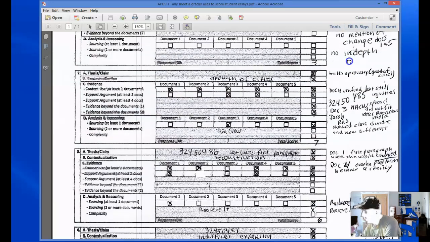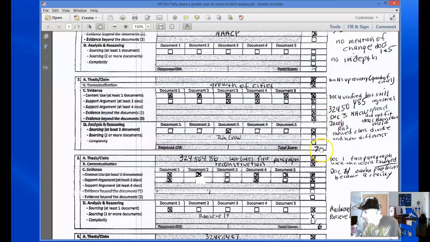Okay? If we go up to here, this one, look, they got 7 on this one. Okay? They got 7. So they had a thesis, contextualization, they talked about the growth of cities, okay, in this particular essay that they had to write on. You don't know what the essay was, just know that they talked about something outside of the documents that was taking place in history at the time, that kind of related to what was going on.